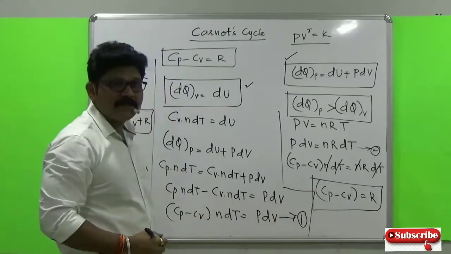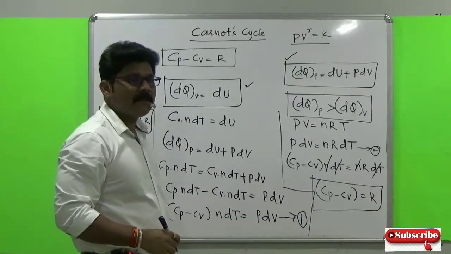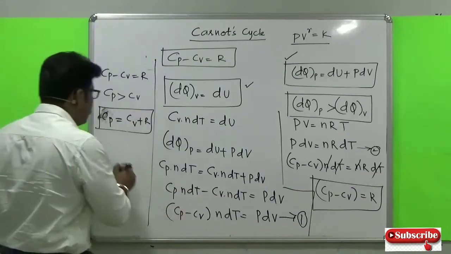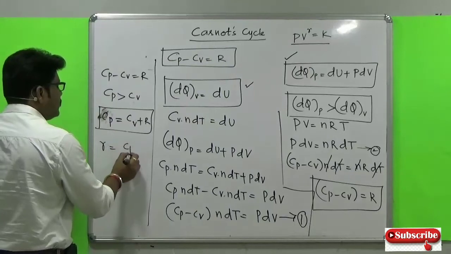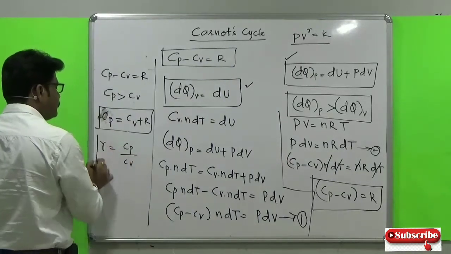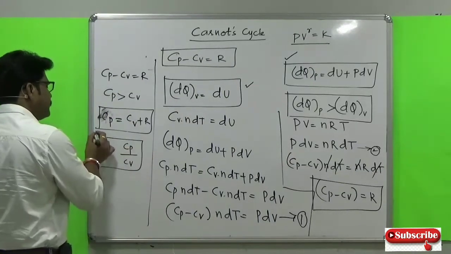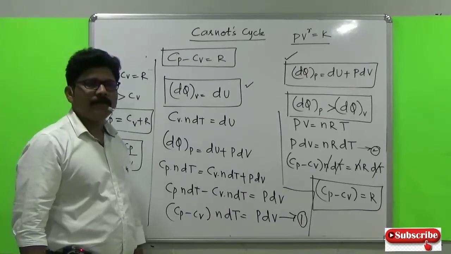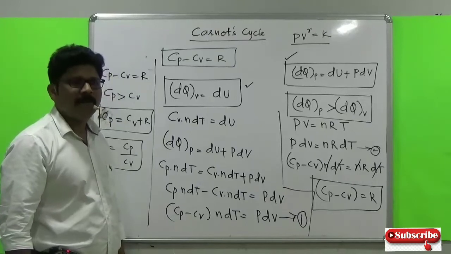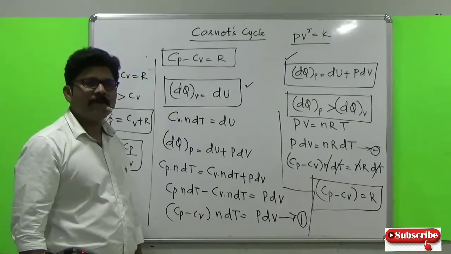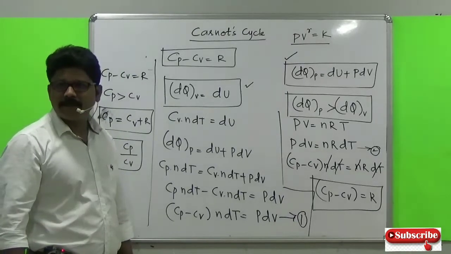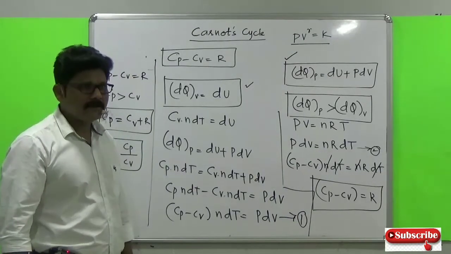ये gamma क्या चीज है? Gamma is nothing but a ratio of specific heats. So gamma can be written as Cp by Cv. Gamma depends on the degrees of freedom, so gamma values will differ for monoatomic, diatomic and triatomic or polyatomic gases, right?